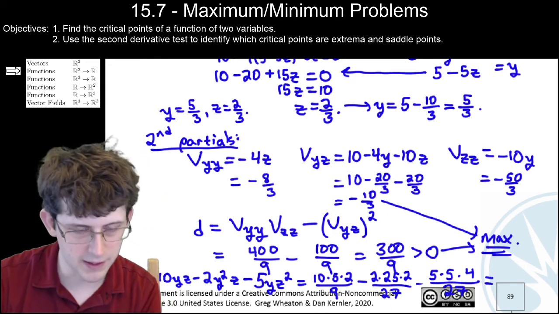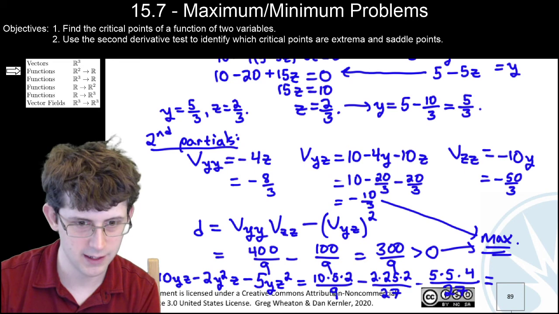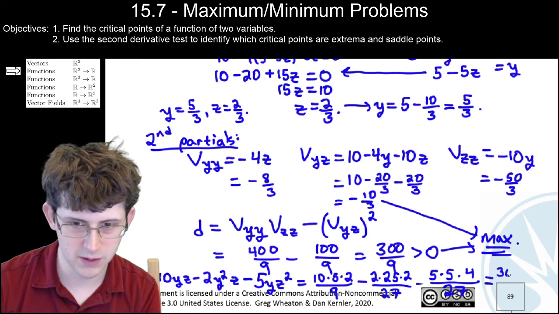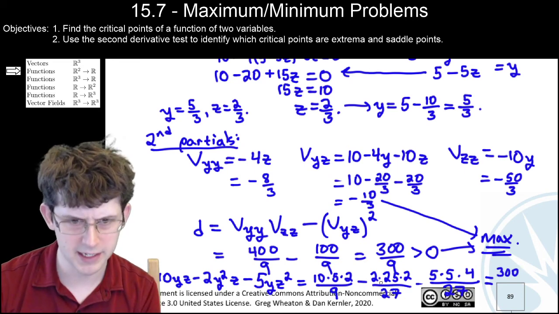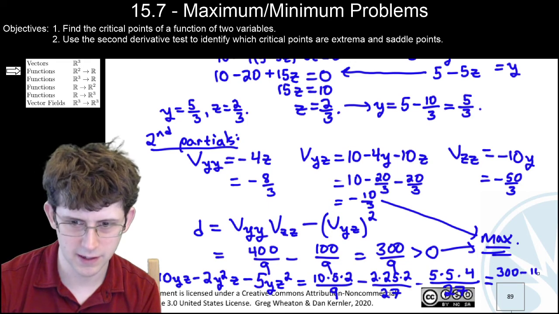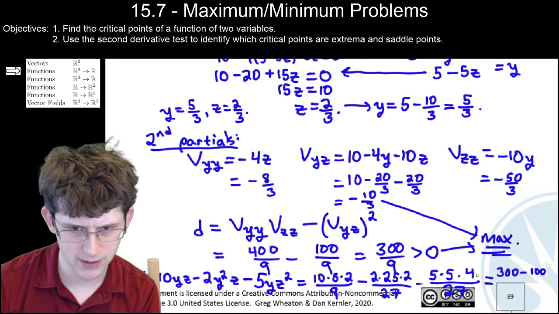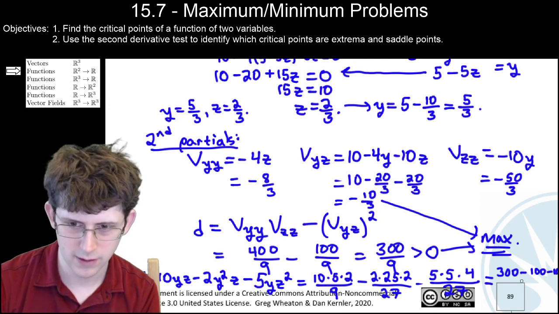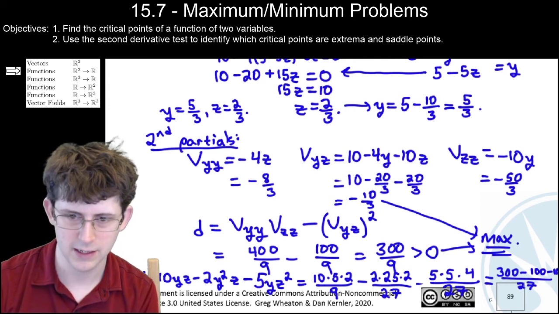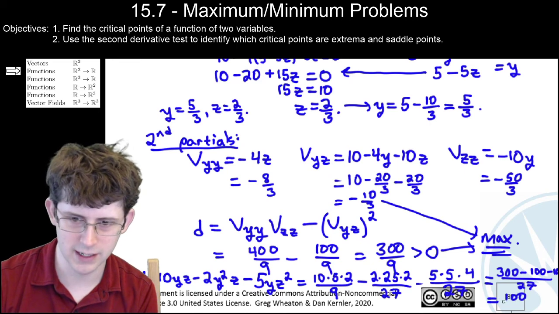So what do we have in total? This is 100 ninths. That's 300/27ths. Minus 100/27ths. Minus, is this 100 also? So this is all over 27. So the answer is that 100/27ths is the maximum volume.